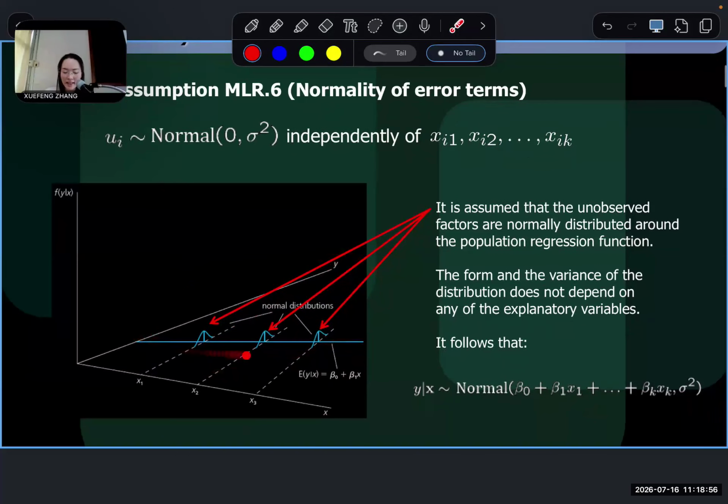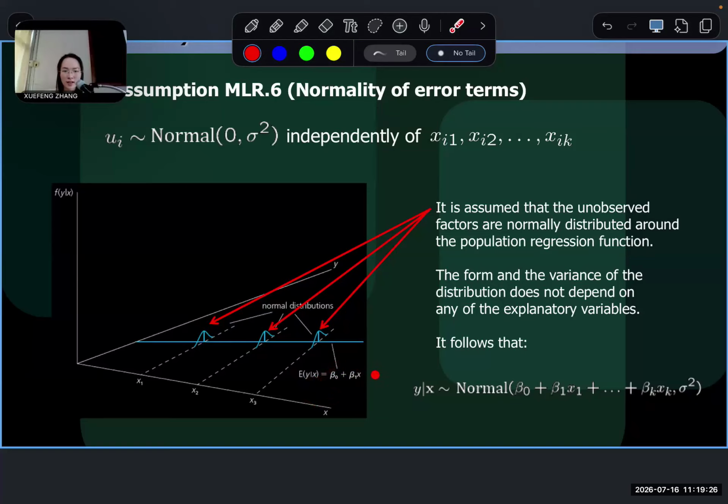Look at the 3D picture. At every value of x1, x2, x3, the error terms form the same little bell-shaped curve, okay, just shifted up or down along the regression line, okay? Remember, this is our regression line. What do we call this regression line? Population regression function, right?